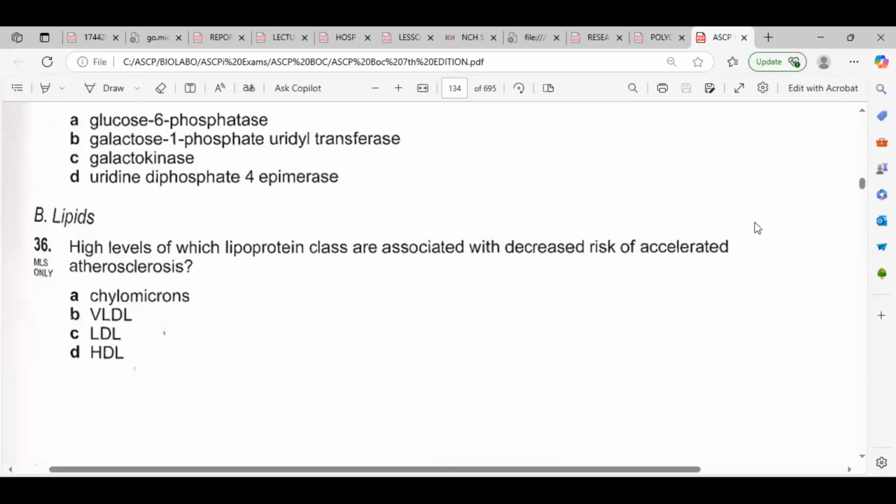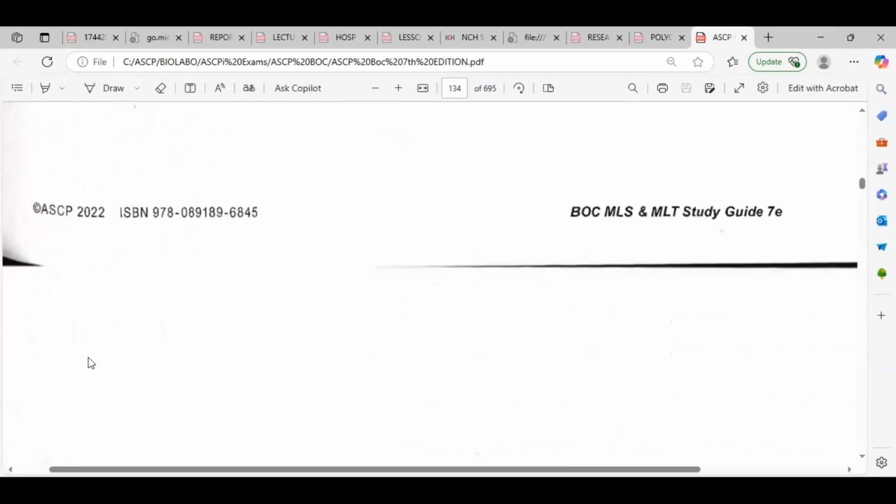It's D. Because what is the decreased risk of accelerated atherosclerosis? Having high density lipoprotein can be a very good factor for decreased risk of this condition.